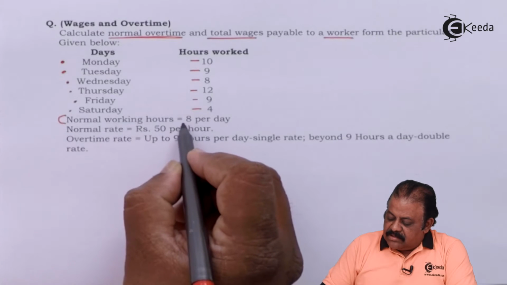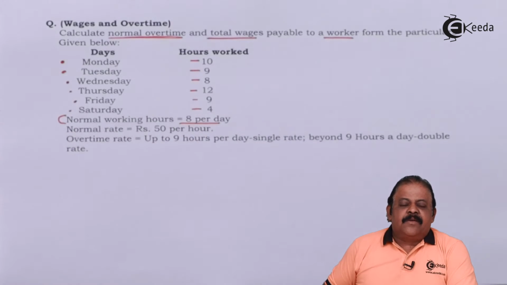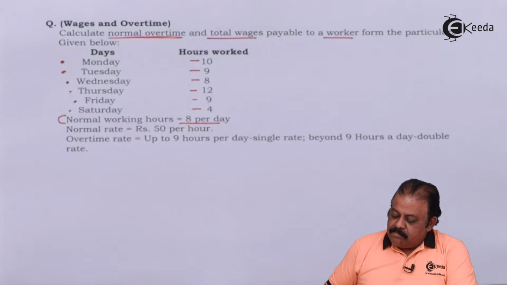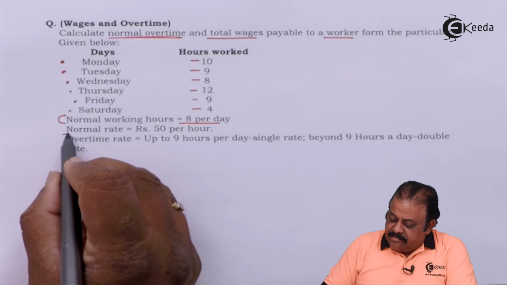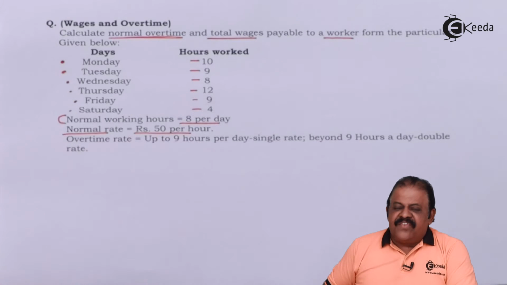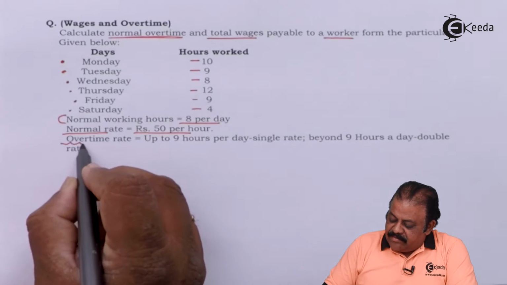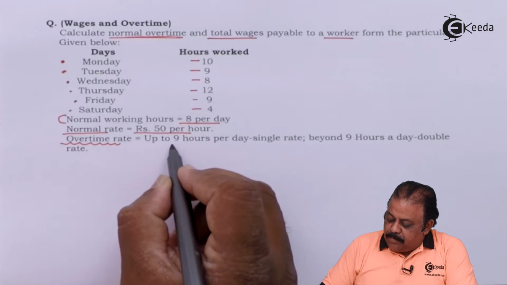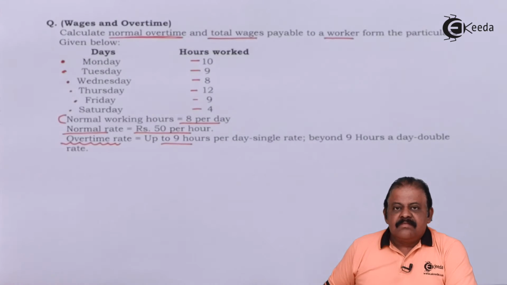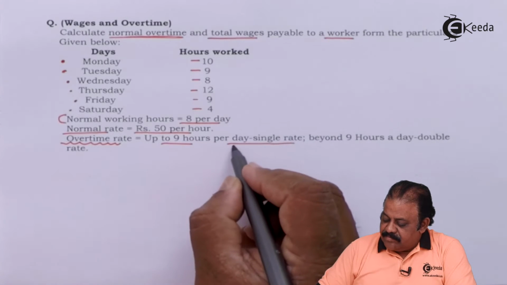Normal working hours will be paid, 8 per day. Normal rate, rupees 50 per hour. Overtime rate: up to 9 hours per day, single rate.